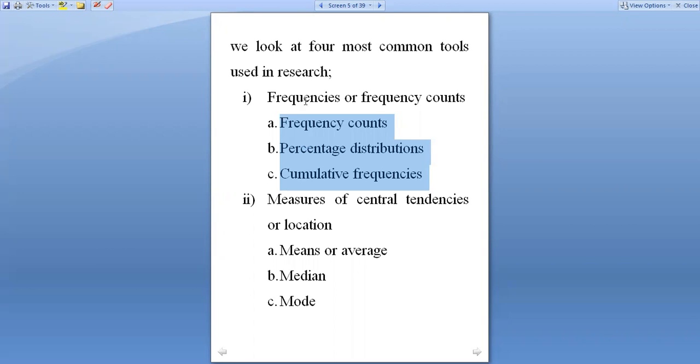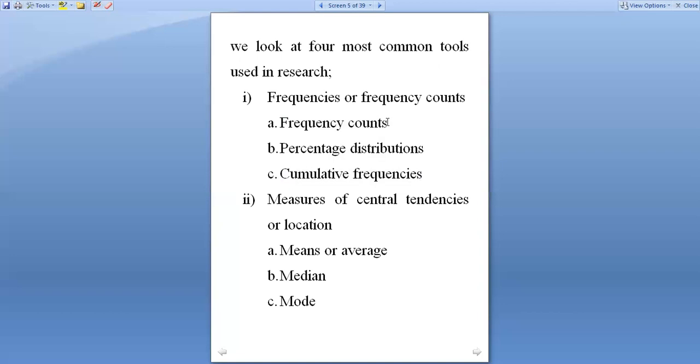So under, for example, frequencies, the statistical tools we use to analyze data are frequency counts, percentages, and cumulative frequencies. So when they ask you, for example, to give some descriptive tools, don't tell us frequencies, measures of central tendencies, measures of dispersion. Those are not tools. They are just the groupings.